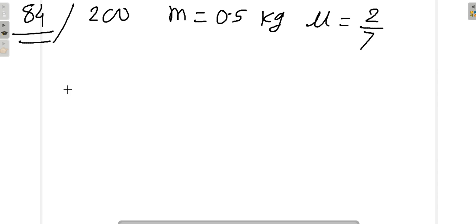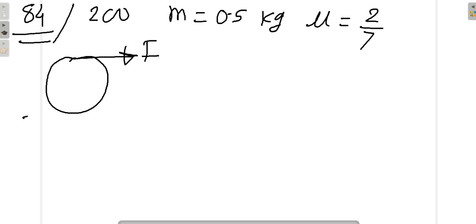We are asked for the force applied at the highest point so that the sphere does not slip, means it starts rolling without slipping.